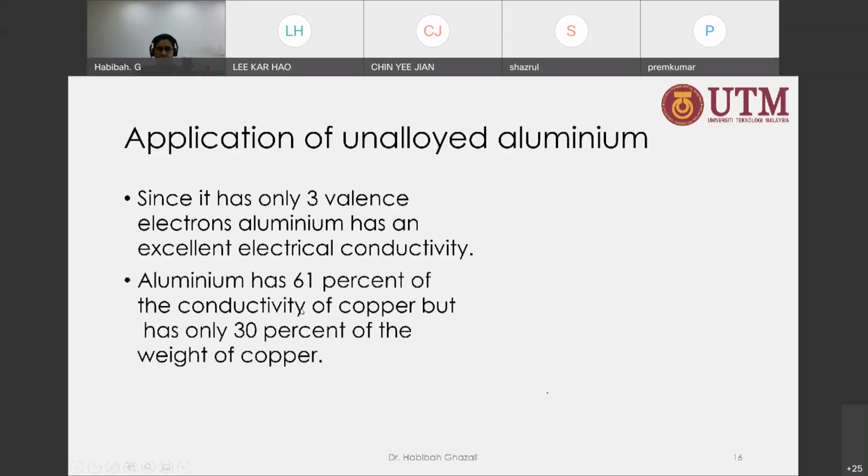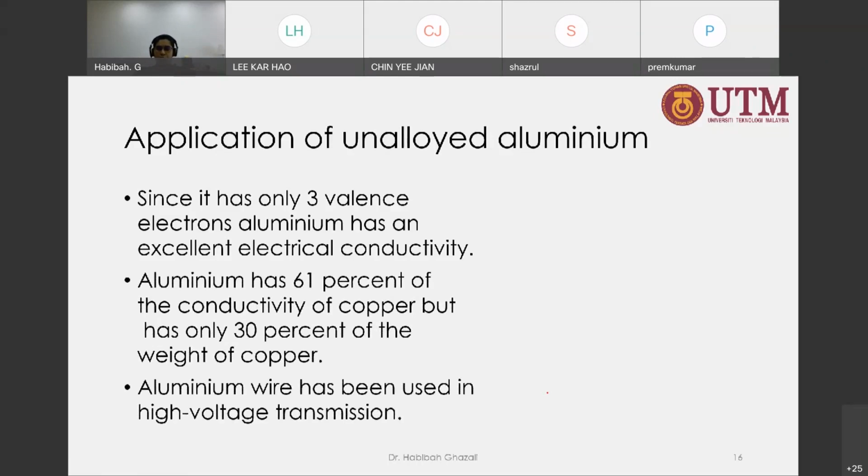So because of this, aluminum has good electrical conductivity. Aluminum has 61% the conductivity of copper, but aluminum is very light. Compared to copper, aluminum is a lighter metal. It has only 30% of the weight of copper.